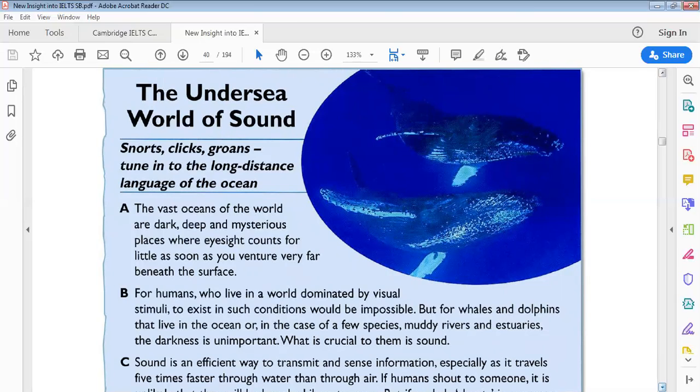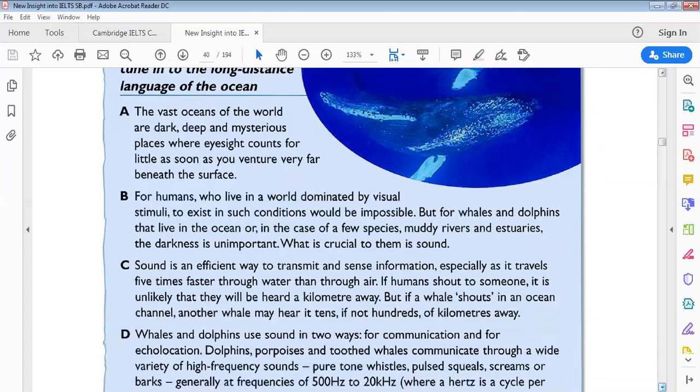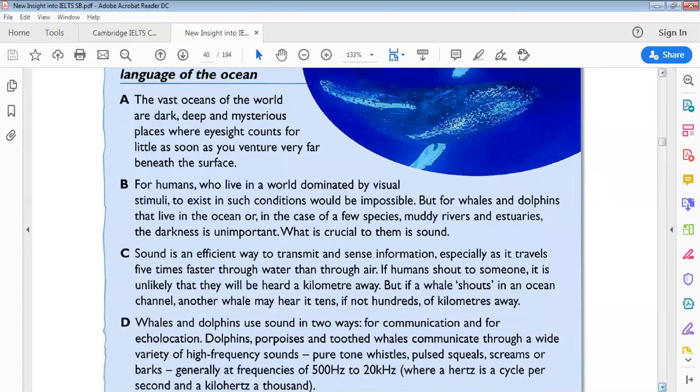For humans who live in the world, dark, deep. Sound. I actually don't know what it says. For A, I'm going to look at my answer.